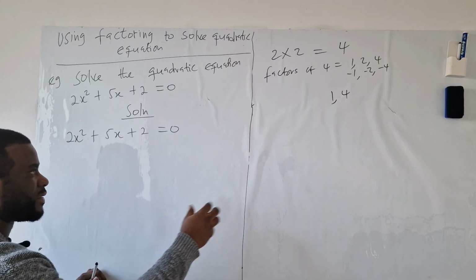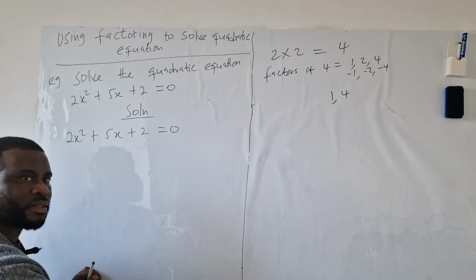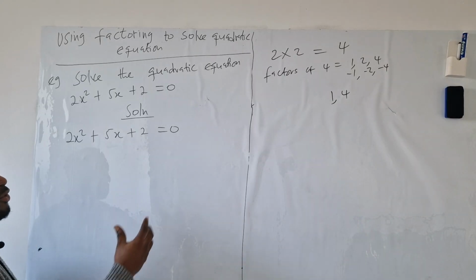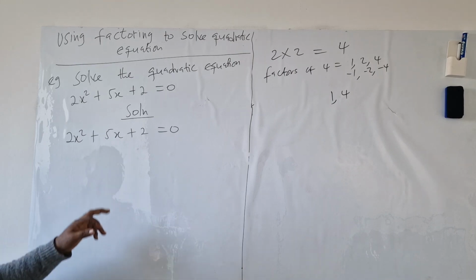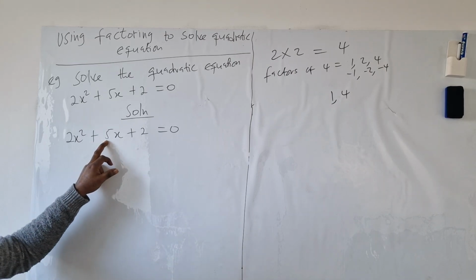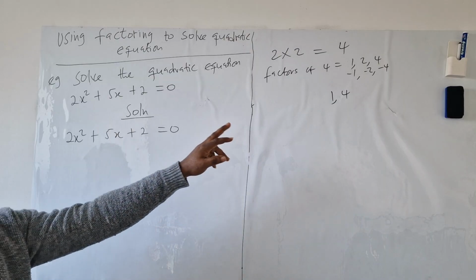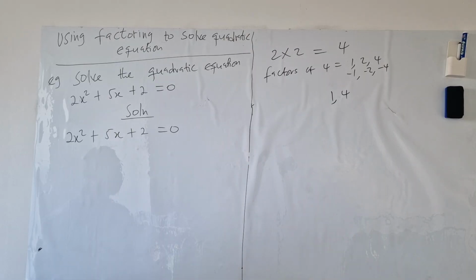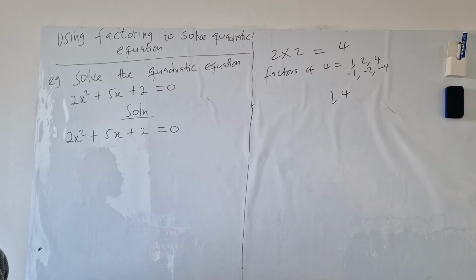Now, these 2 factors are going to help us to change these 3 terms to 4 terms. So how do you use the 2 factors to change the 3 terms to 4 terms? We are going to take off the coefficient of x, that's a 5, and then replace it with the 2 factors. So we take off 5, replace it with what? 1 and 4.